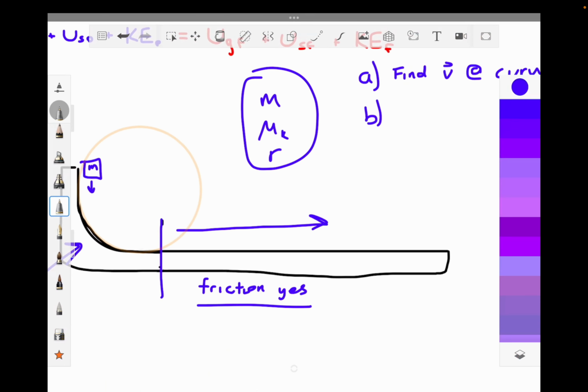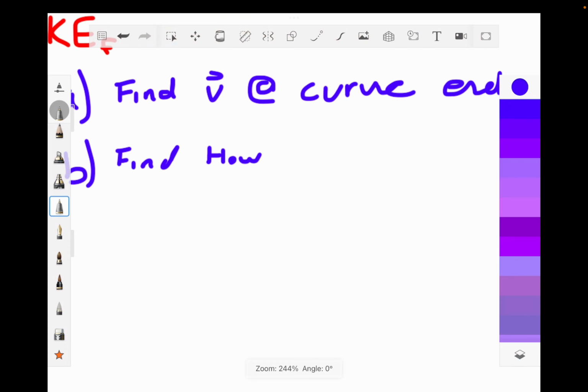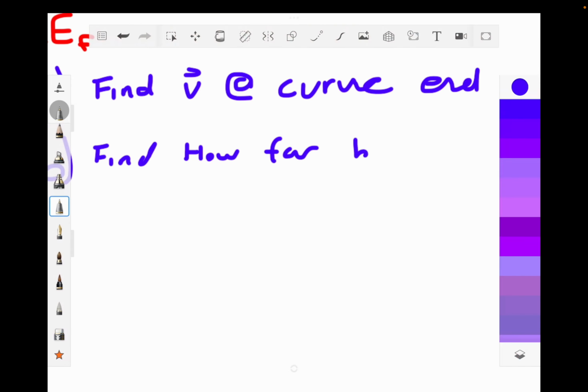Because there's friction here, there's no friction here. So the block is going to move a certain distance and come to a stop. So we could find that distance. So find how far the block goes.